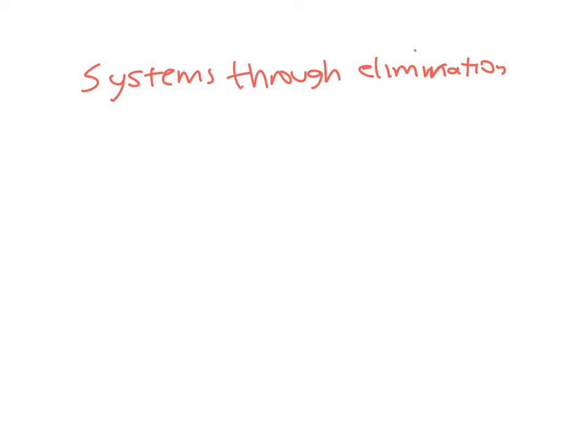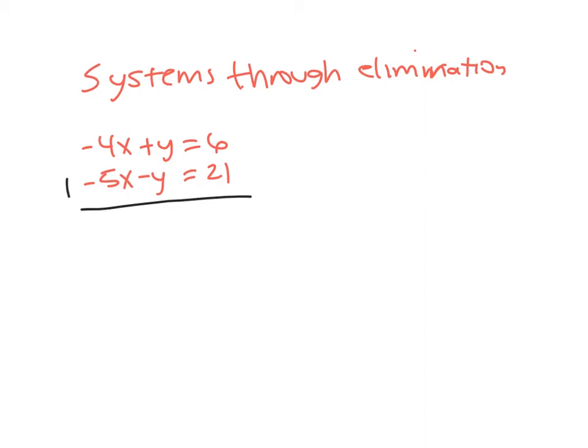Okay, something like this. You have negative 4x plus y equals 6, and then you have negative 5x minus y equals 21. Okay, so for this problem right here, what you do is look to see if I were to add these two equations together, like I put them on top of each other and I literally add the x's and I add the y's, is there anything that I could eliminate?